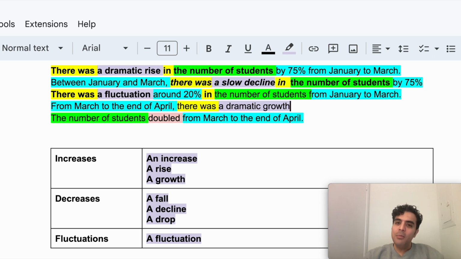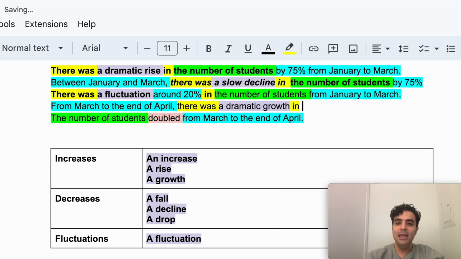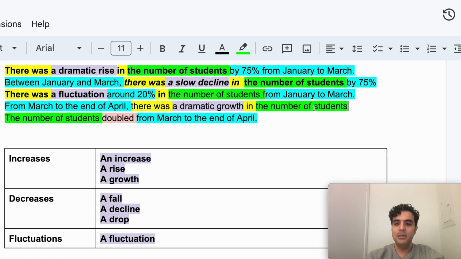phrases cannot be as easily used to describe proportional changes, such as doubling or half, reducing to a half or something along those lines. So we could say there was a dramatic growth, and then we're going to mention the subject, right? So in, and then you add the number of students to the end.